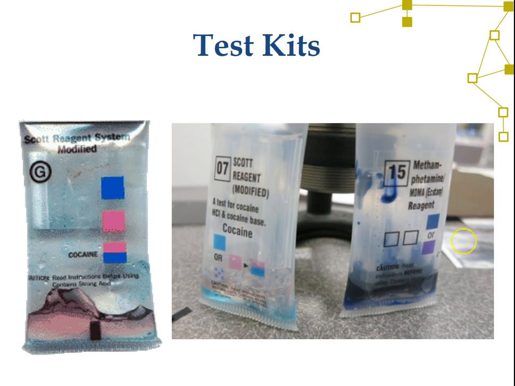Inside the container you can see there are little ampules of different liquids, and you will pop them, say from left to right or right to left, whichever way you are told to do it. And as the color comes up, it will tell you what it is. So cocaine would be blue on the bottom and pink on the top. Well, this in fact is a cocaine test kit, and it tested positive in this instance for cocaine.